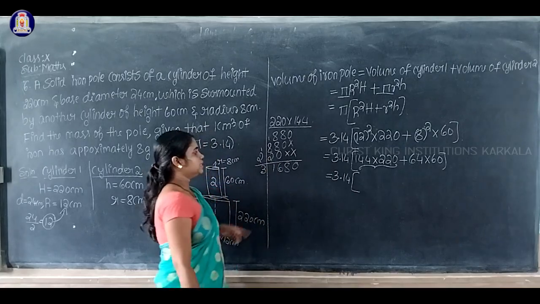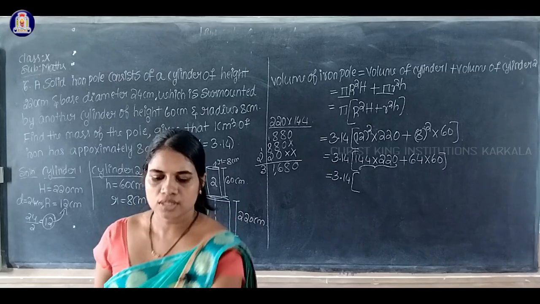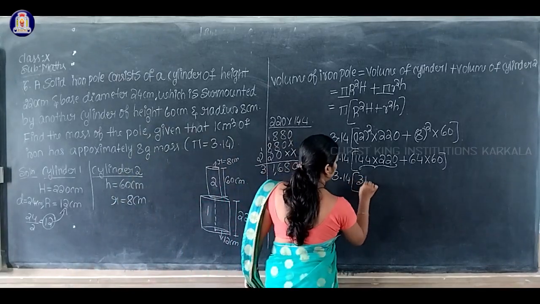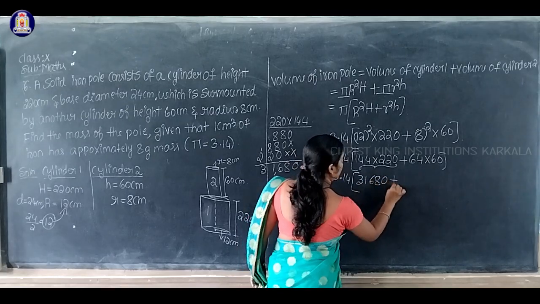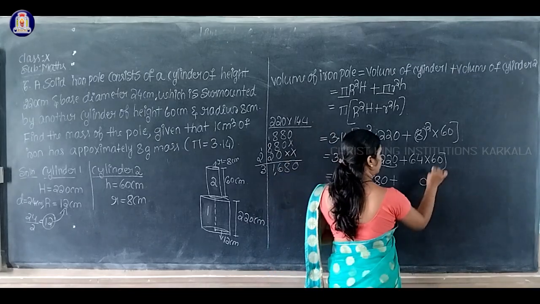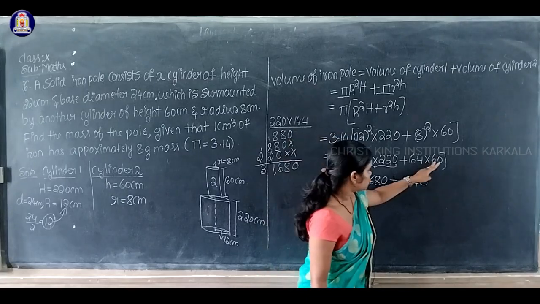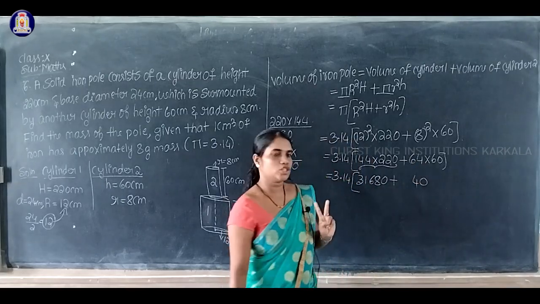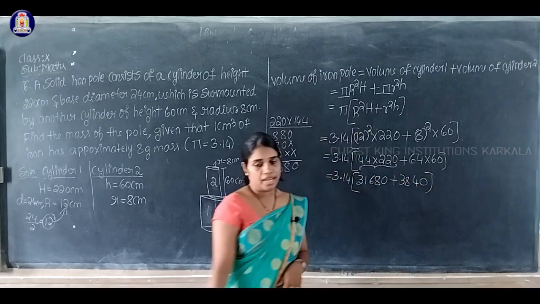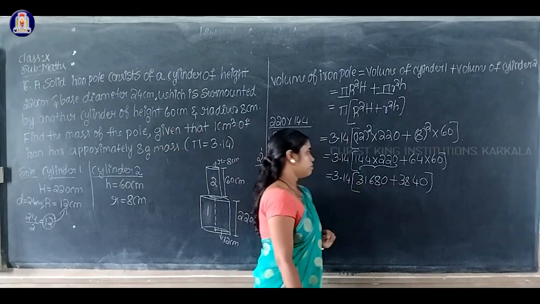So you will get 31,680. Plus 64 into 6: 6 fours are 24, 2 carrying, 6 sixes are 36, plus 2 is 38. So you will get 3,840.